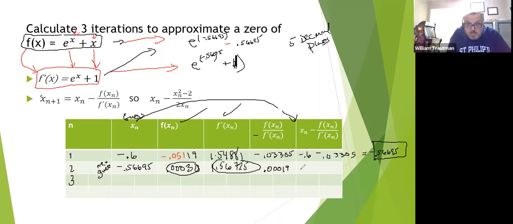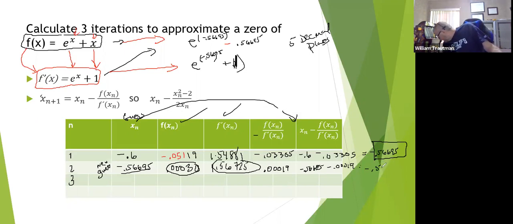Then when I take my original xn, negative 0.56695, minus 0.00019, I get a negative 0.56714. That's my third guess, negative 0.56714.